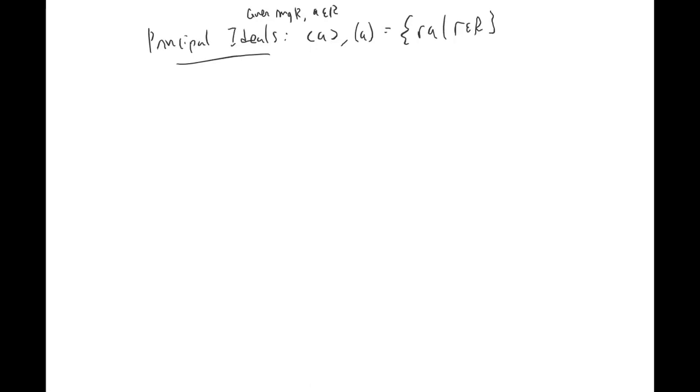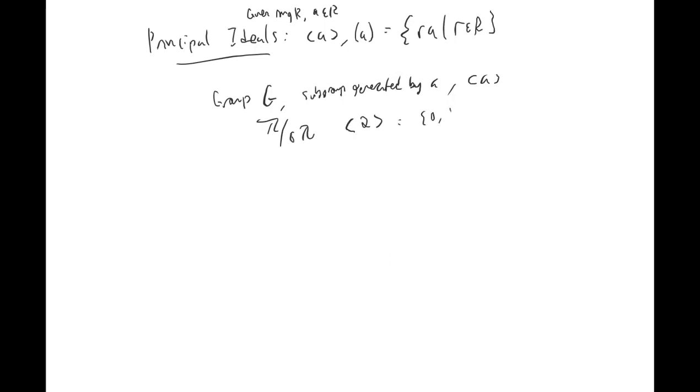So think of it like if I gave you a group G, it's kind of like the subgroup generated by your element a. We also write it like this, right? If you remember, for example, in Z mod 6Z, the subgroup generated by 2 is 0, 2, 4.